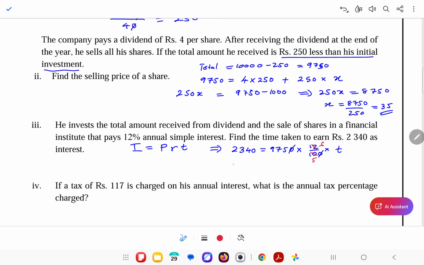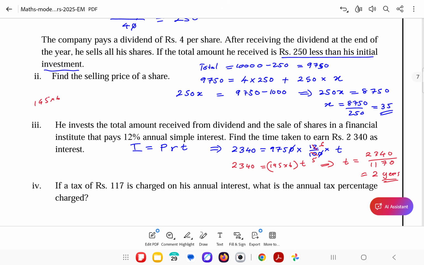So 2340 equals 195 into 6 into t. So time is 2340 over 195 into 6. So what is 195 into 6? 1170. So 2 years. It will take 2 years to get 2340 as interest.